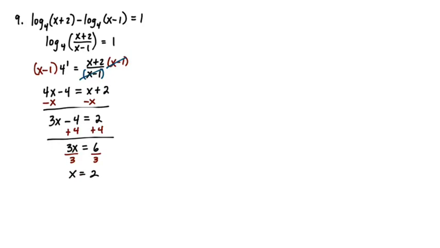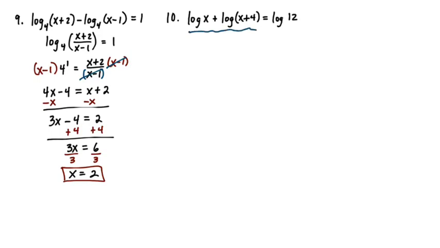All right, let's move on to number 10. So here notice we're going to combine these two logs together. We can use the product rule, but we're going to need to use our other technique for solving logarithmic equations because we're going to have equal logs here. We're going to have log equals log.